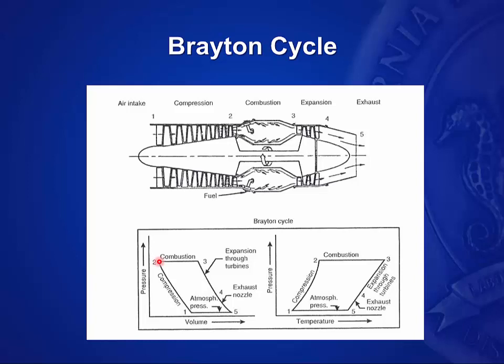And then as it goes into the combustion chamber, we see a volume increase because of these burning gases, but it's being held at a constant pressure. Then as it goes through the expansion part of the turbine, it is expanding and going down to atmospheric and it's exhausted.